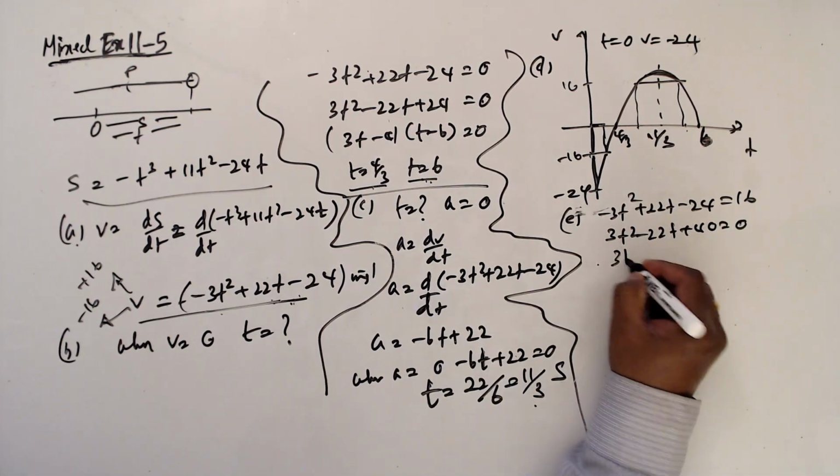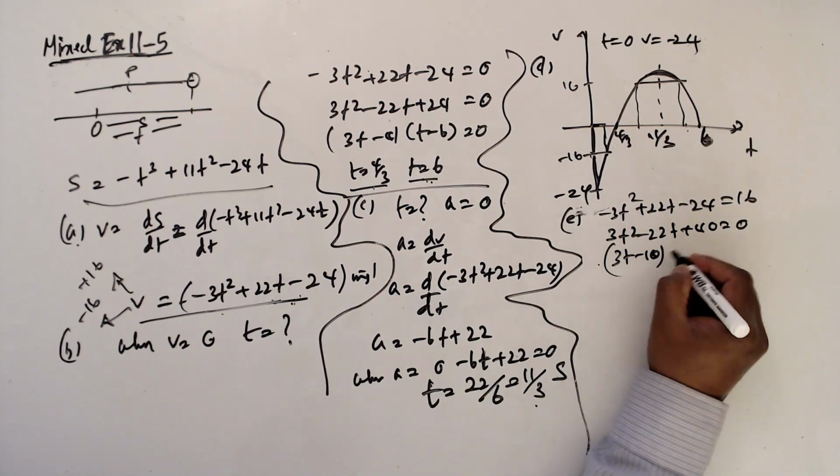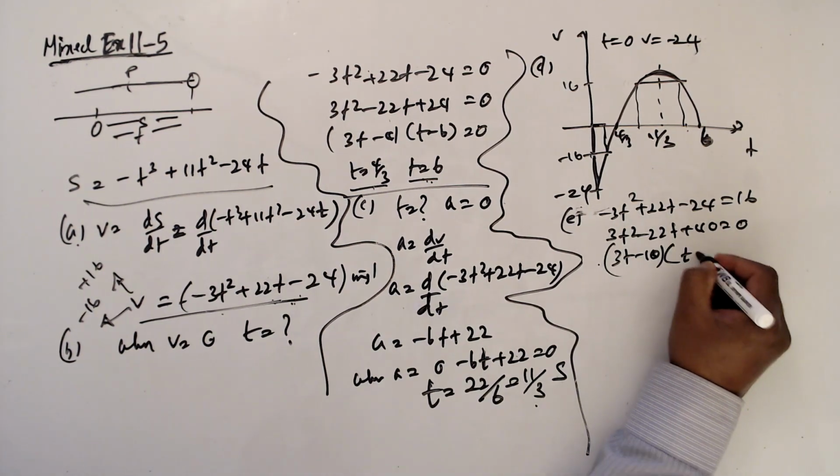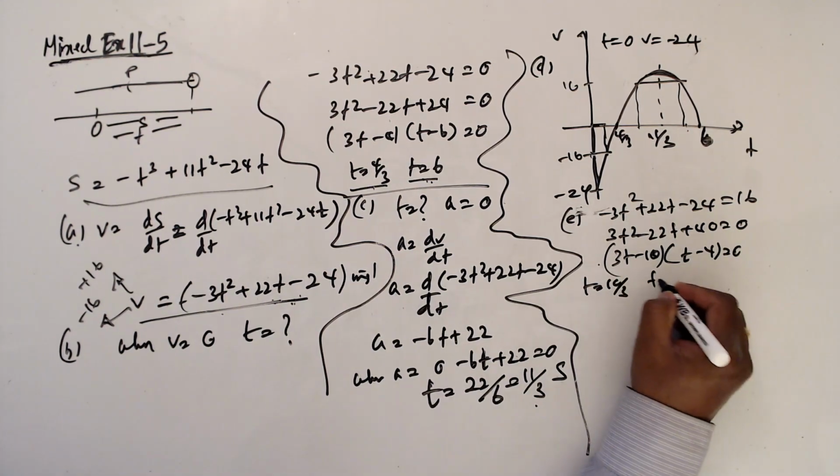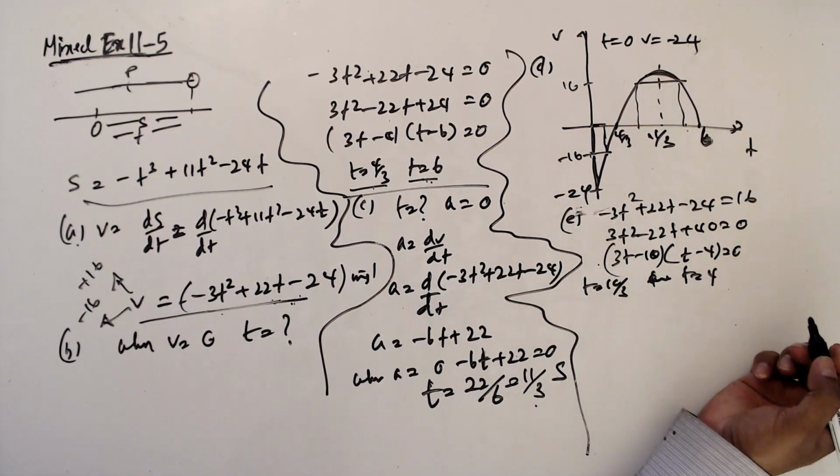Then 3t minus 10 times t minus 4 equals 0. t equals 10 over 3 and t equals 4.